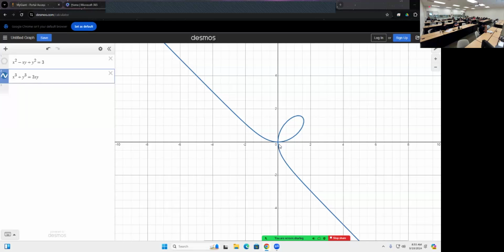This is interesting. When we do the horizontal, at (0, 0), it's going to show that it's both horizontal and not horizontal, which is deep. Now it looks like we got another one somewhere up here.